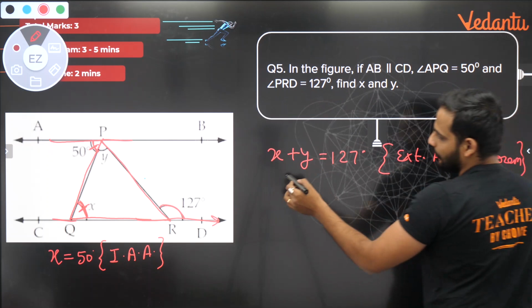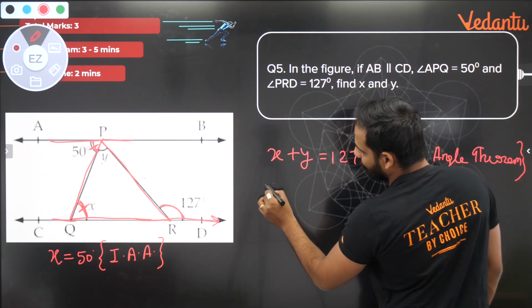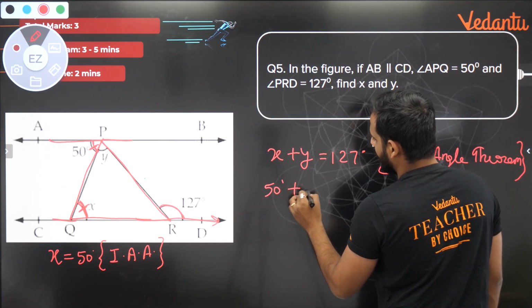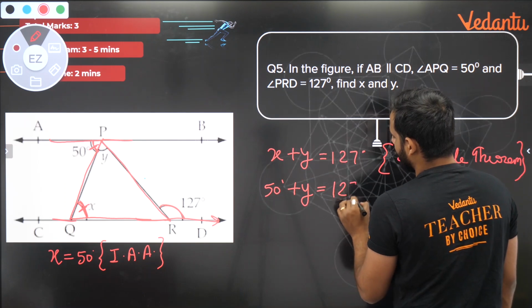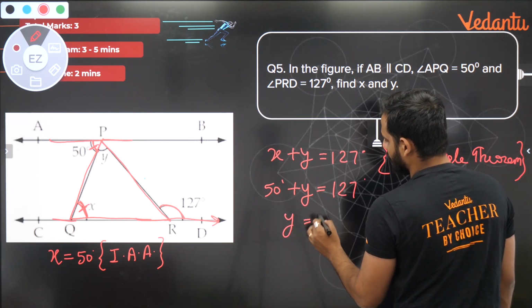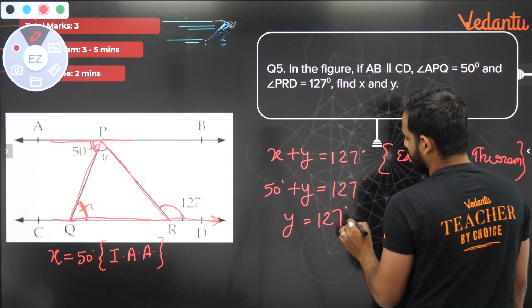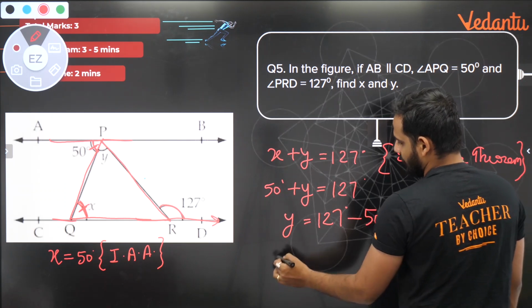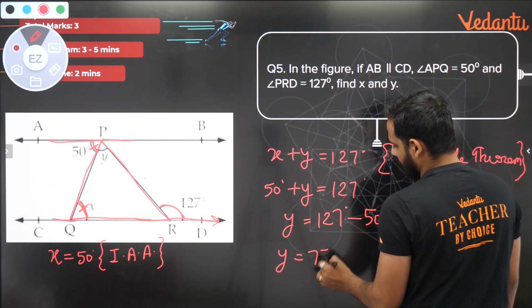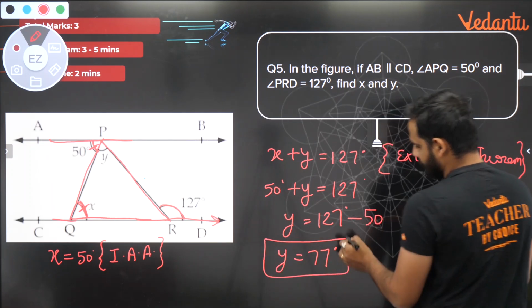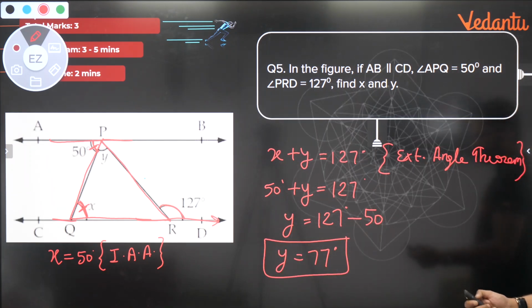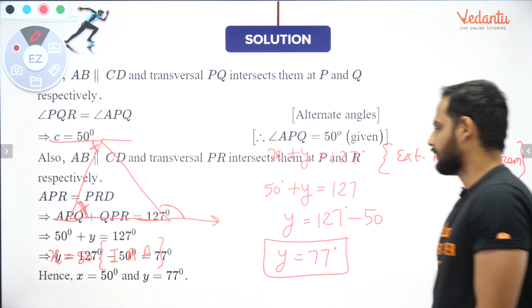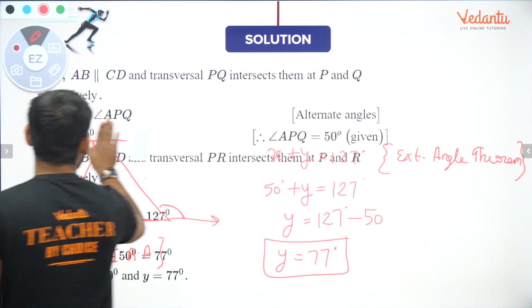Correct? So now, x is 50 degrees, which I have known already, plus y is equal to 127 degrees. So you can say y is equal to 127 minus 50, which is equal to 77 degrees. So x is 50 and y is 77.